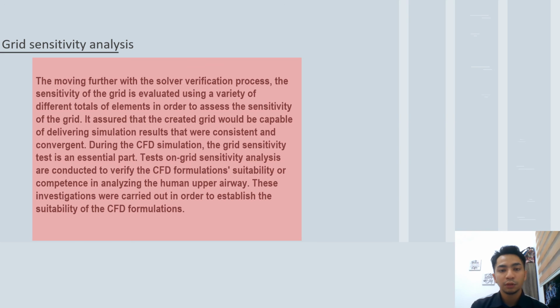During the CFD simulation, the grid sensitivity test is an essential part. Tests of grid sensitivity analysis are conducted to verify the CFD formulation's competence in analyzing the human upper airways. These investigations were carried out in order to establish the stability of the CFD formulation. Thank you.